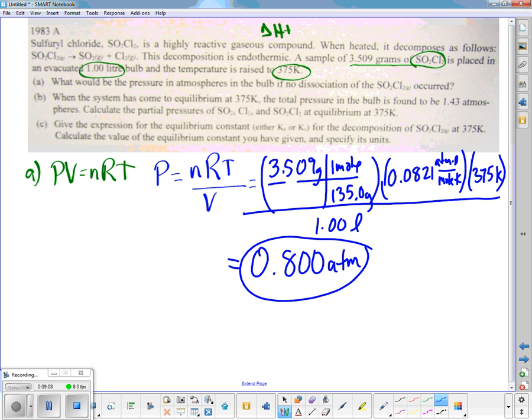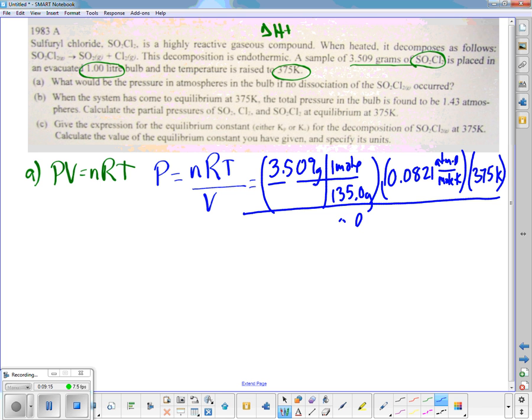How'd we do? Of course, we wouldn't circle it, right? Because we know better. I'm looking for atm. Oh, I took it too many. 0.80. There we go.